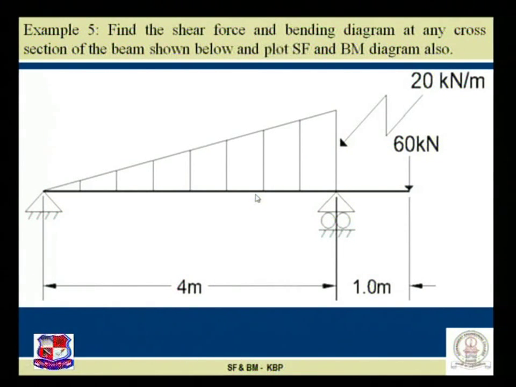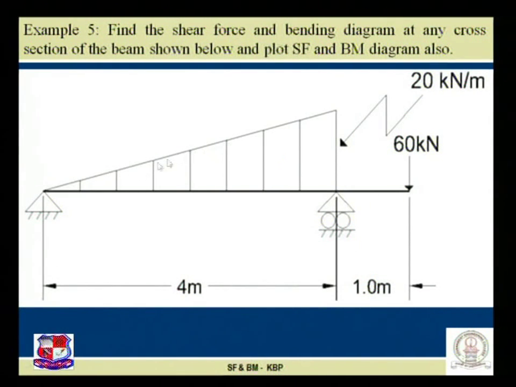The question may arise, how to plot? Step number 1, we first have to find the support reactions. Visualize, this is my support A, a hinge support, having two reactions, horizontal as well as vertical, while support B is a roller support, hence it has a single reaction, a vertical reaction.